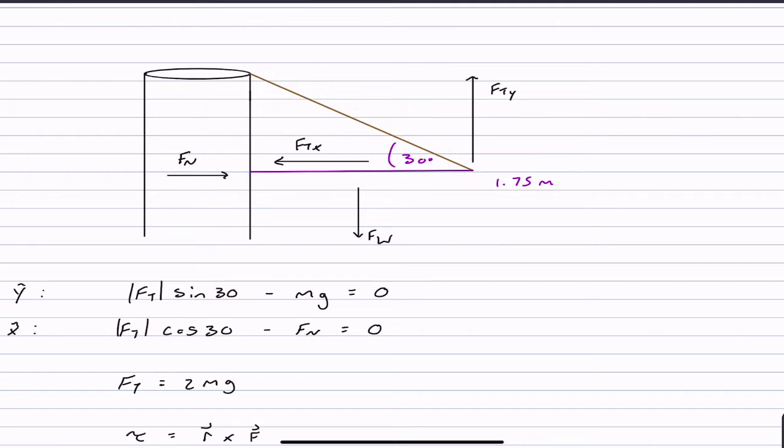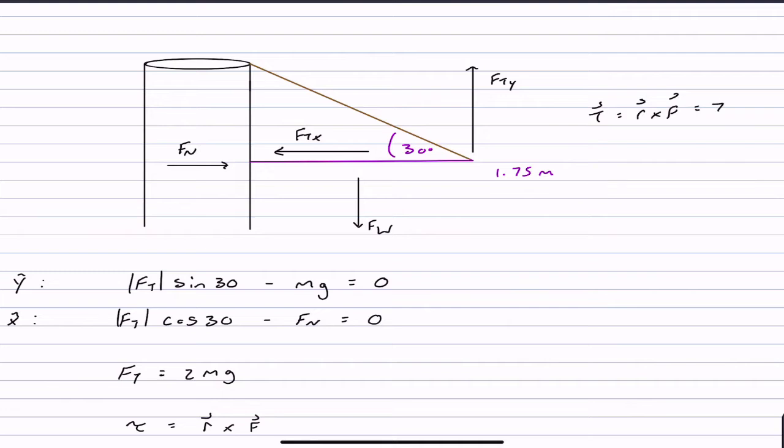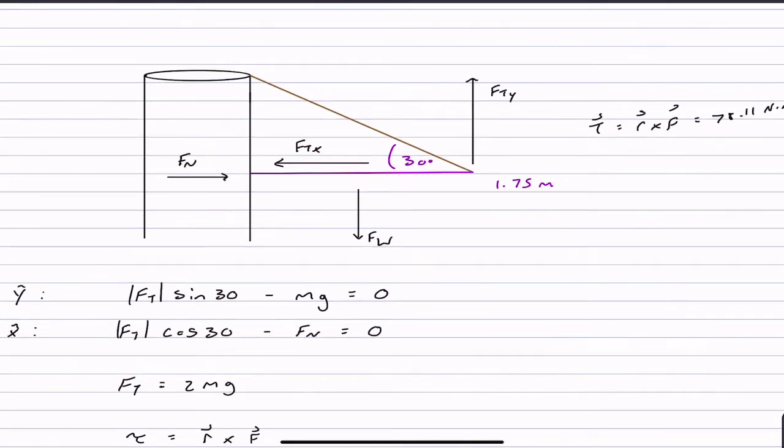So if torque is R cross F, then your total torque is just going to equal the torque that we found, 78.11 Newton meters at any point on the rod. Because there's no net force acting here. The force is pulling at this point, right? If torque is R cross F, and R is say 1/2 meter out, F is 0.